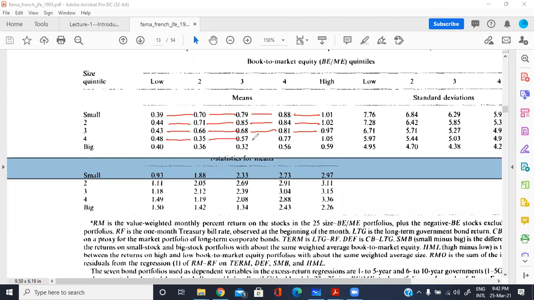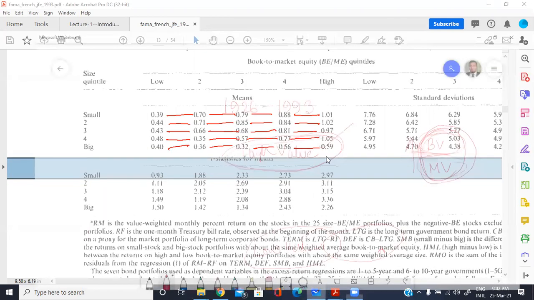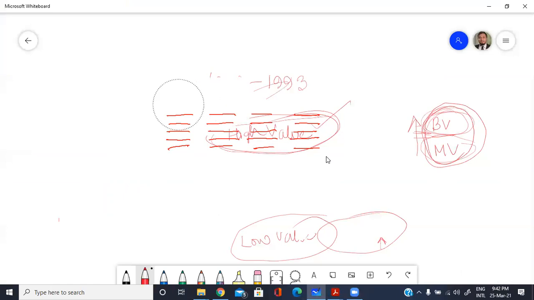The companies which have high book to market or low book to market? High book to market. What comes to your mind? What might be the reason for this anomaly? Why does high book to market provide higher return?